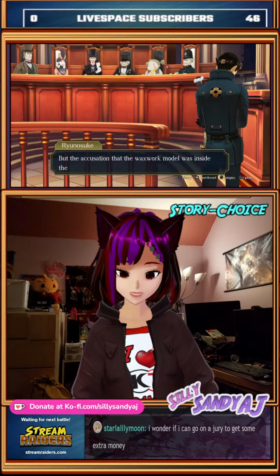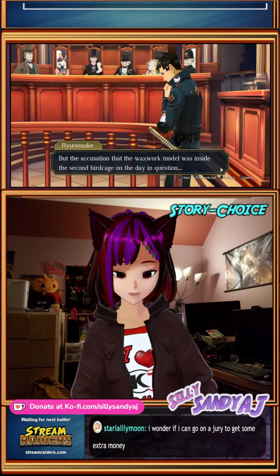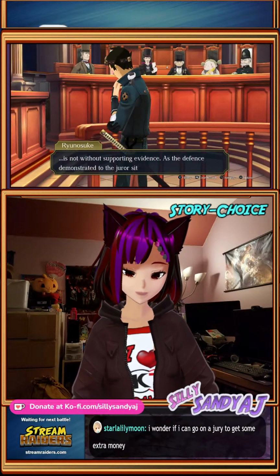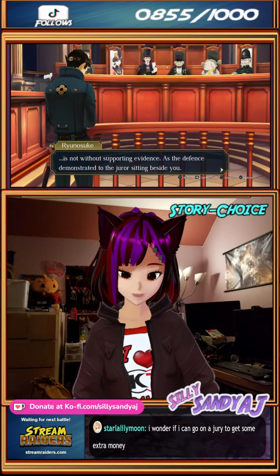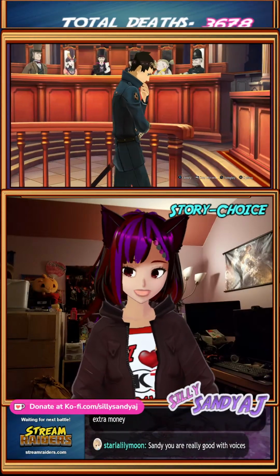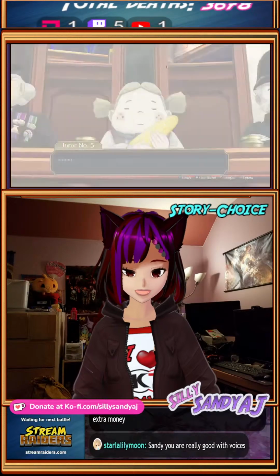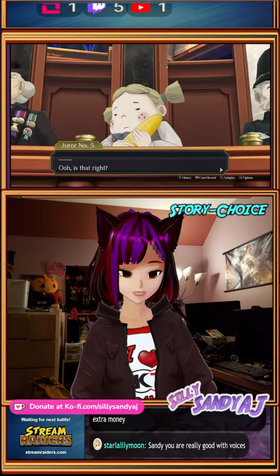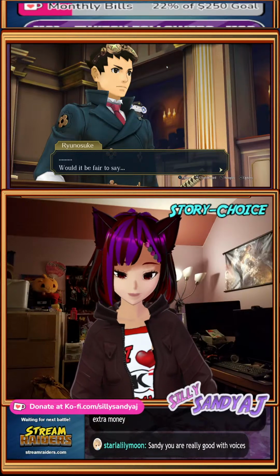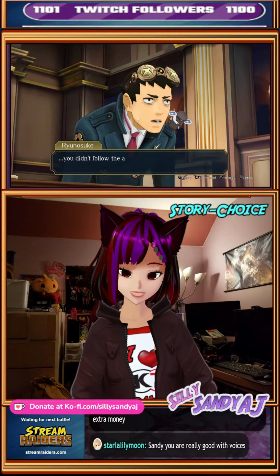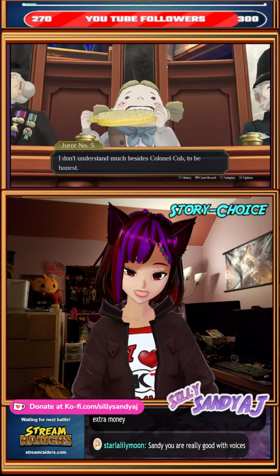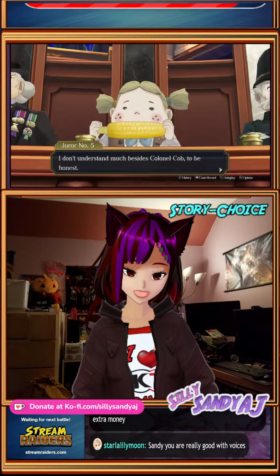But the accusation that the waxwork model inside the second birdcage on the day in question is not without supporting evidence, as the defense has demonstrated to the juror sitting beside you. Is that right? Would it be fair to say you didn't follow the argument? I didn't hear much to say, to be honest.